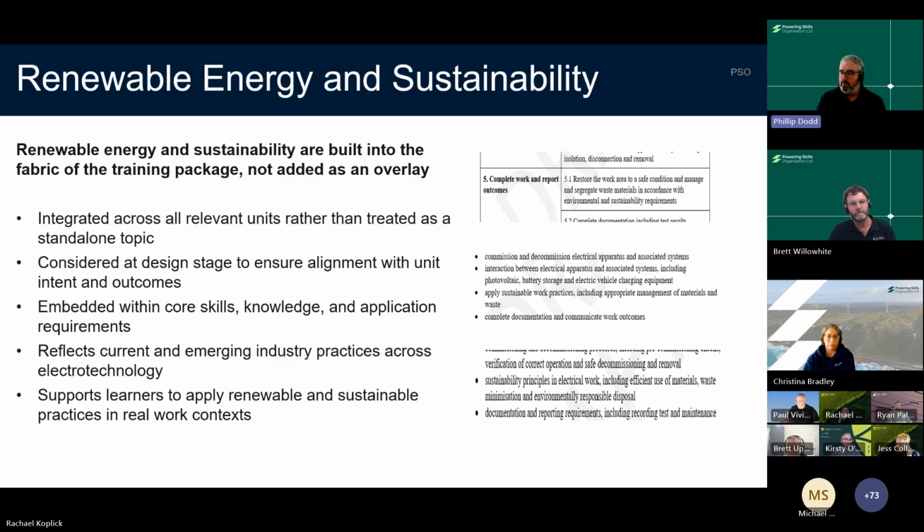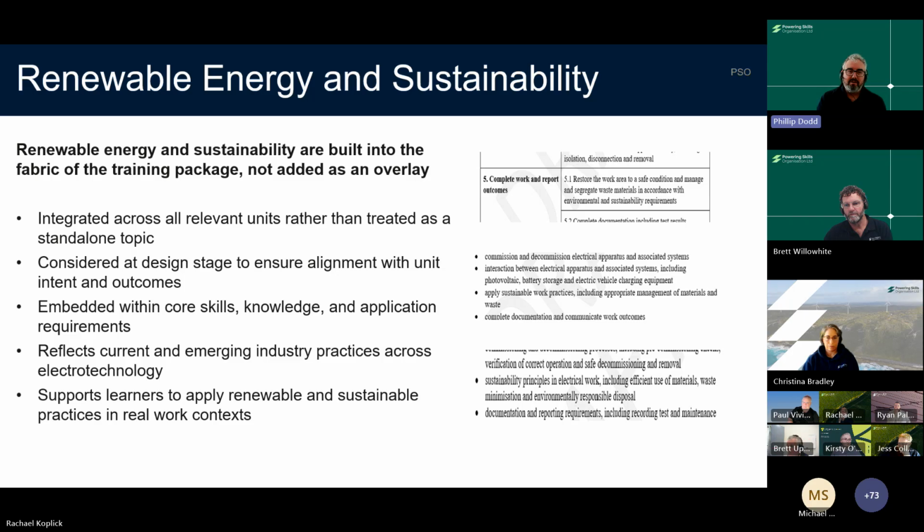And we're looking at sustainable principles in electrical work, which would be sitting in the knowledge component of different units of competency, but reflected into that task that has been undertaken. So it's not just ticking the renewable box, it's the sustainable box too. It's applying that to the unit of competency that's taking place.